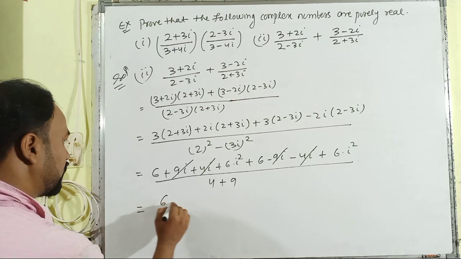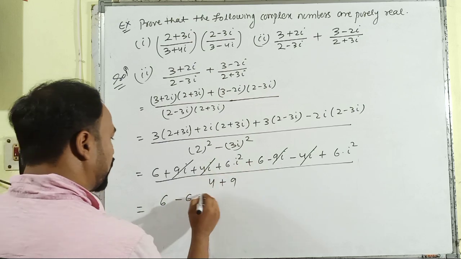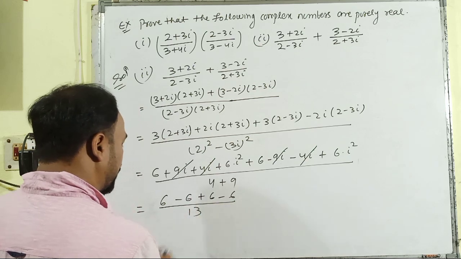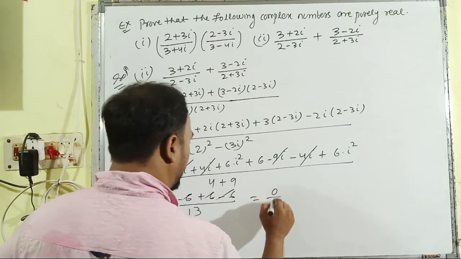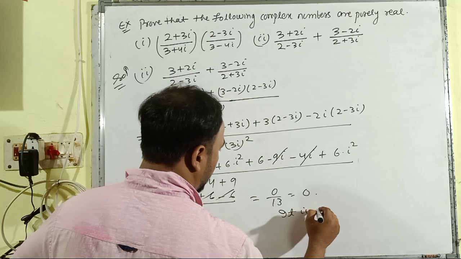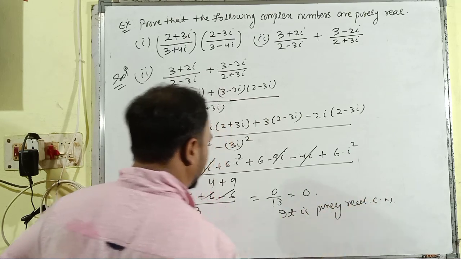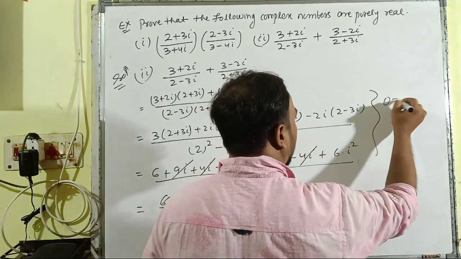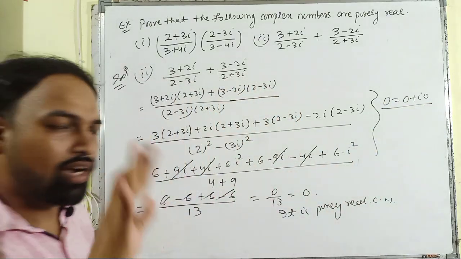Then it is 6 minus 6 plus 6 minus 6, whole divided by 13. This is equal to 0 upon 13, which is equal to 0. And it is a purely real complex number, because 0 can otherwise be written as 0 plus i0. It is both purely real and purely imaginary.